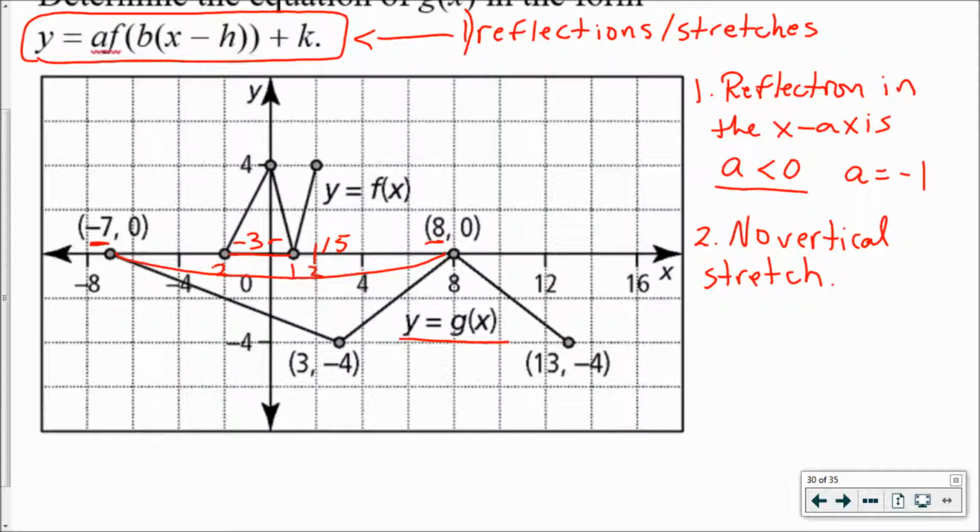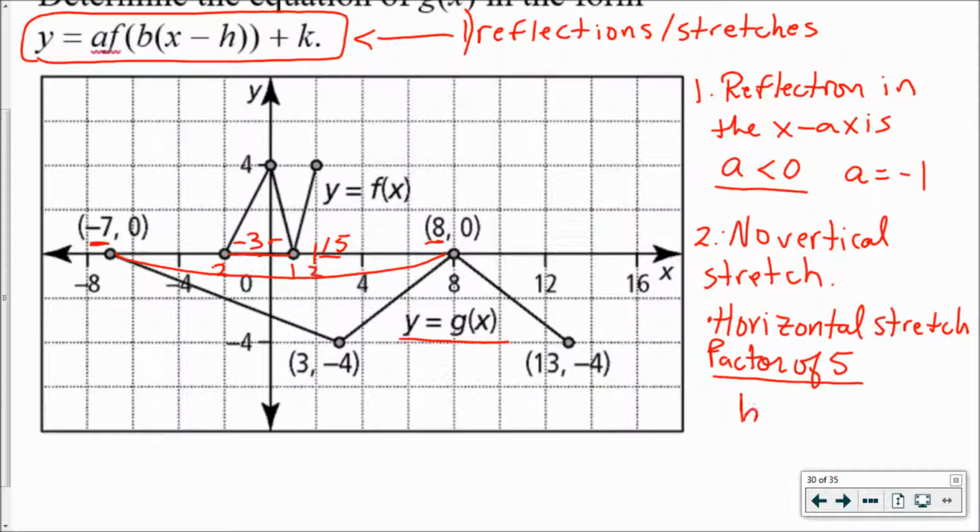So in terms of the stretches, there's no vertical stretch, but look at that. 3 became 15. So that tells me there's a horizontal stretch by a factor of 5. And remember, with b, it's 1 over that factor. So I know that b is 1/5.